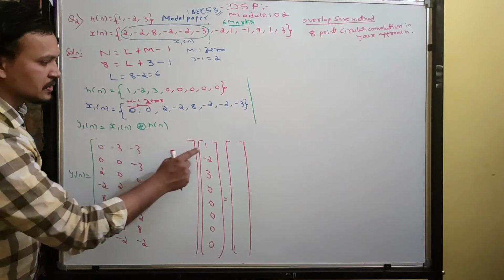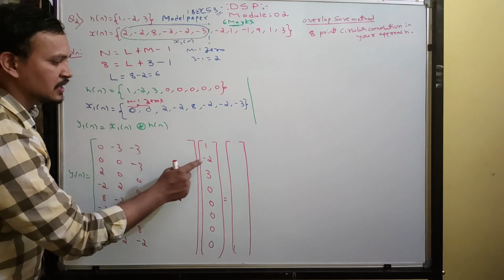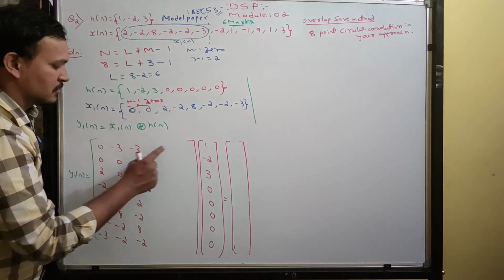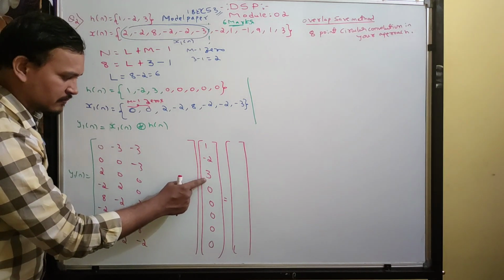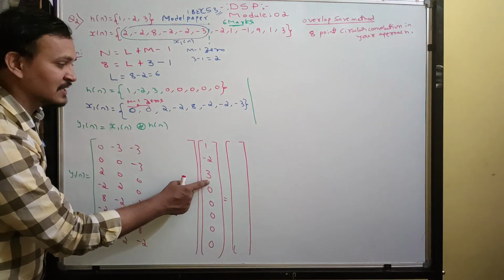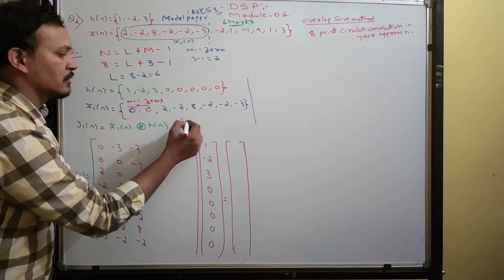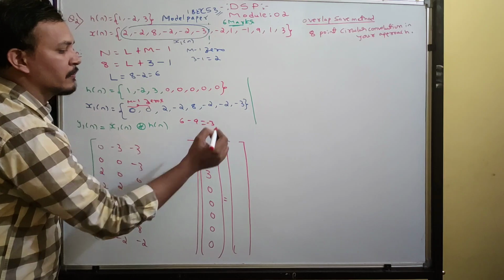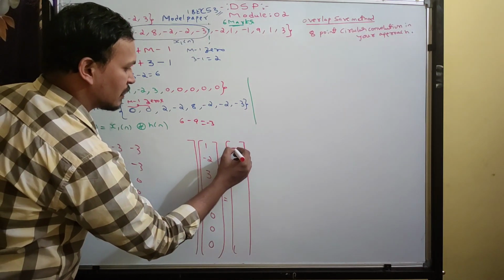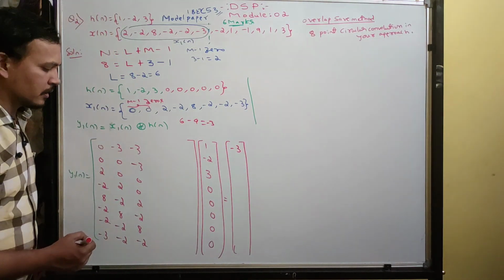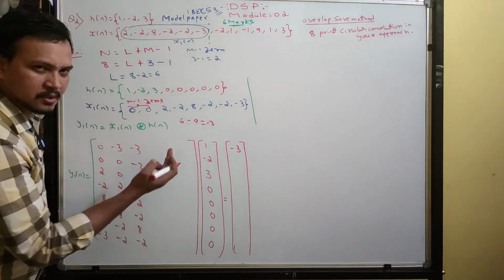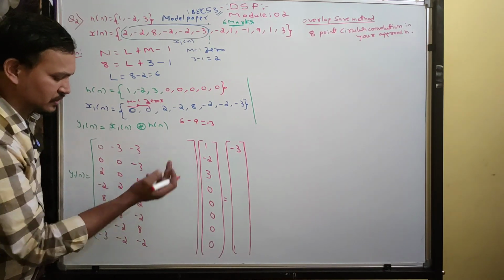Now 0 into 1, 0. Minus 3 into minus 2, 6. Minus 3 into 3, minus 9. So 6 minus 9, how much do you get? Minus 3. So your first value is minus 3. Got it? Next, 0 into 1, 0. 0 into minus 2, 0.